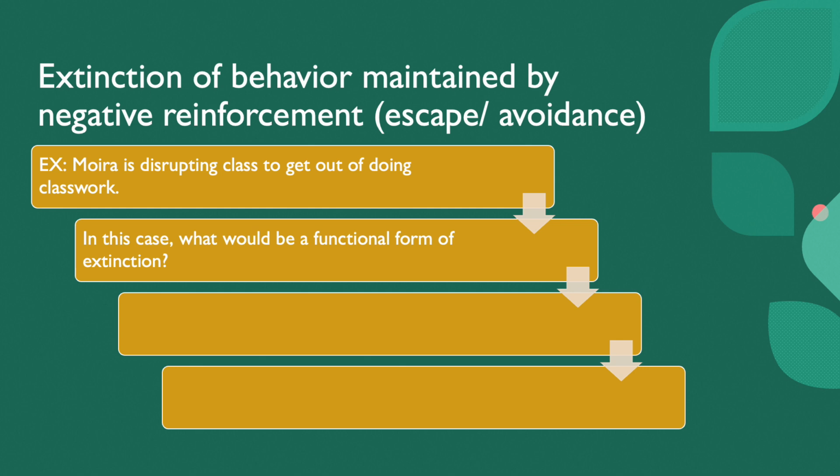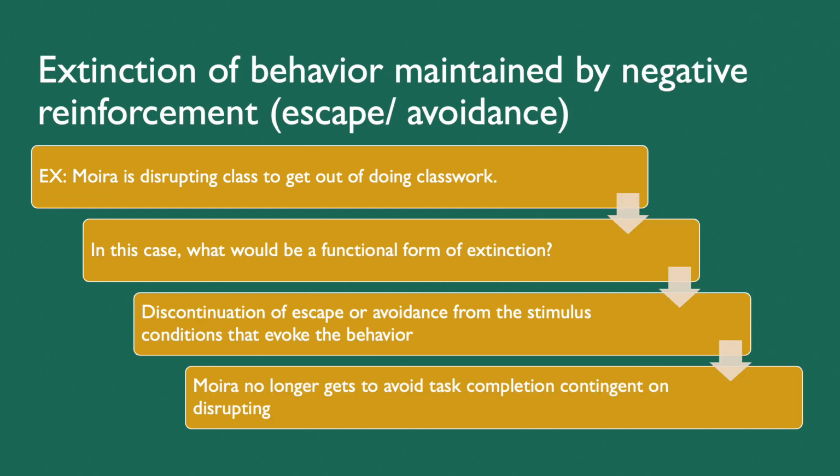And remember, it's important to clarify what is the reinforcer that's maintaining that behavior. In this case, it's escape. And so we would want to withhold escape or avoidance of, basically getting out of doing work.